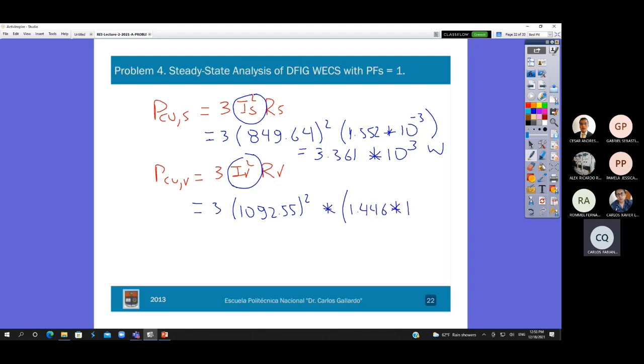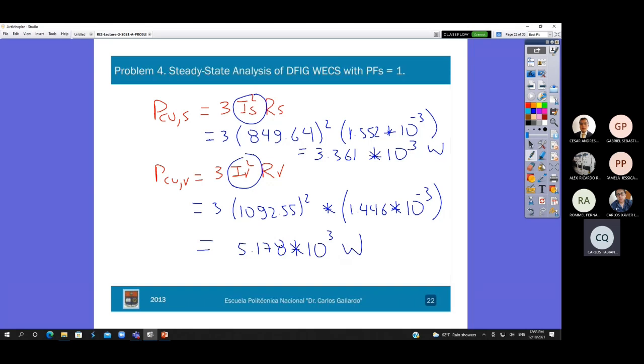I will use the conversion factor in order to have ohms. So this is equal to 5.168 times 10 to the power of 3 watts. So that is the way to compute the stator and rotor winding losses.